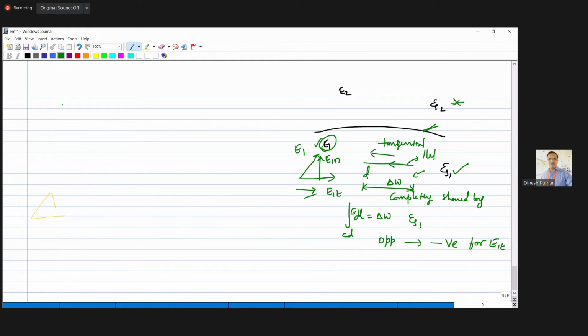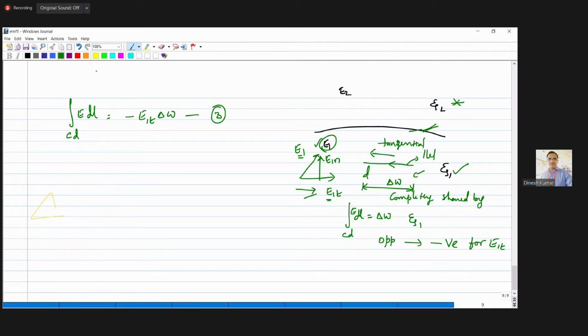So if you apply this line integral for CD of E dl, that value is equal to minus the tangential component of E1, that is E1t. Why have we taken the tangential component? Because the conductor CD is in parallel with the boundary. And the integral of dl is nothing but the length of the conductor CD, that is delta W, which is our equation number 3.